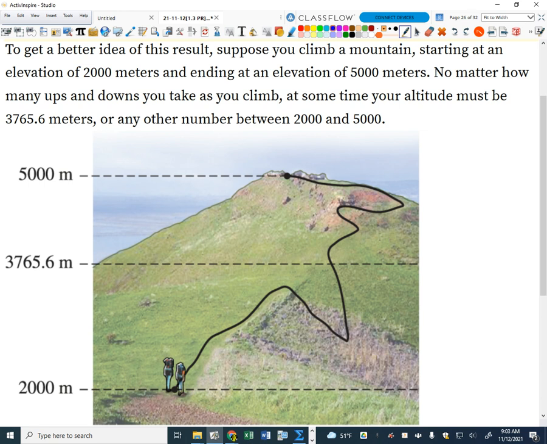But wouldn't you agree that you're going to have to hike through that altitude band at some point to get to the top? How does this meet the criteria of the intermediate value theorem? Is your position function continuous? If it's not, we got to talk, because you've got some abilities that are not normal. If you're able to just blink from there to there without covering every spot in between, then you've got some superpowers.